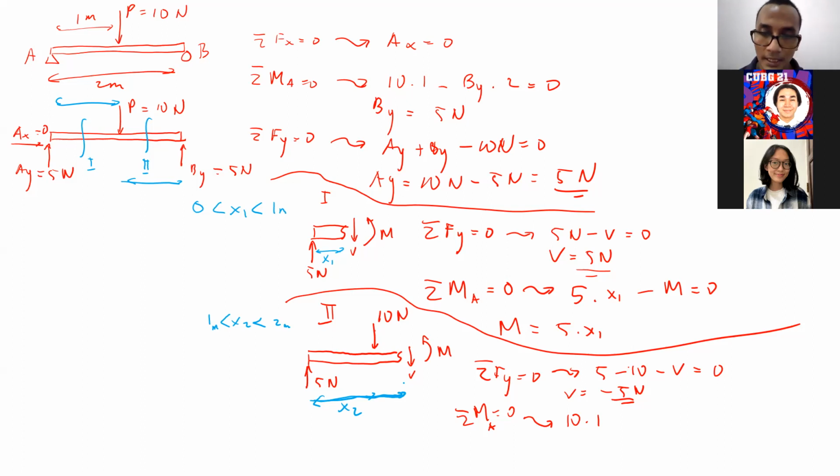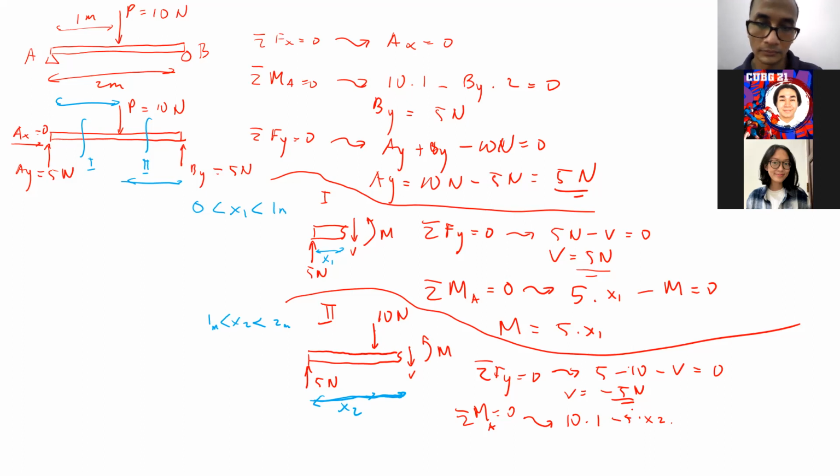And then we add the shear force times x2. So this one is plus V multiplied by x2, correct? But remember, V here is minus 5 Newton. Yes, sir. So it's minus 5 times x2. Correct.